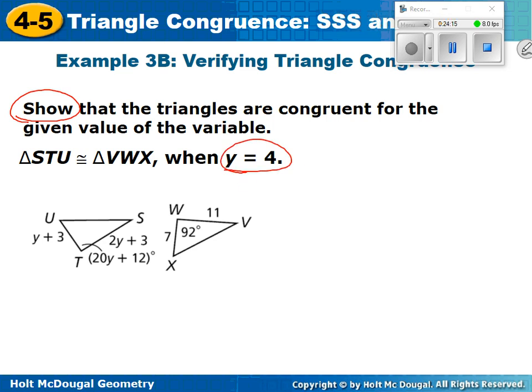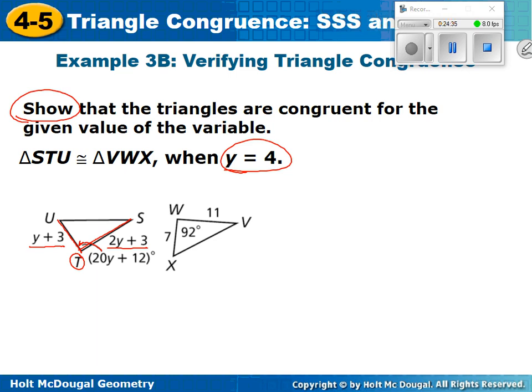So here's our picture. When you look at this picture, what's being given to you? Sides or angles, and how many of each one? Okay, so we have one angle here, T, and then we have this side, UT, and this side, ST, right?